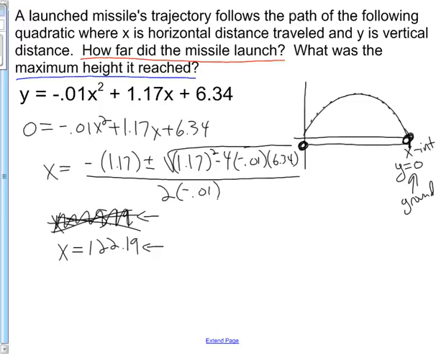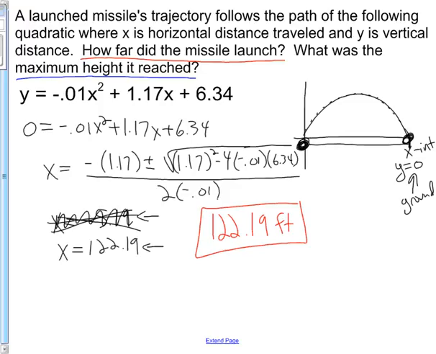Okay, so this means that from 0 feet to 122.19 feet, that's how far it went. So question number 1 is answered. In red, it went 122.19 feet. It actually doesn't say feet, but I'm going to say it's feet.